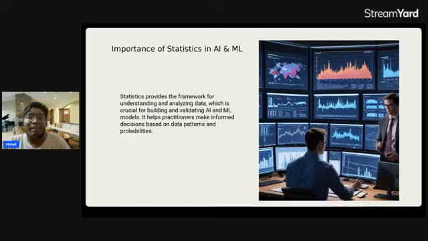Every decision we make as data scientists or machine learning engineers depends on an understanding of data patterns, probabilities, and uncertainties. Whether we're building algorithms or validating their performance, statistical methods ensure that our approaches are rigorous and our models are grounded in data.